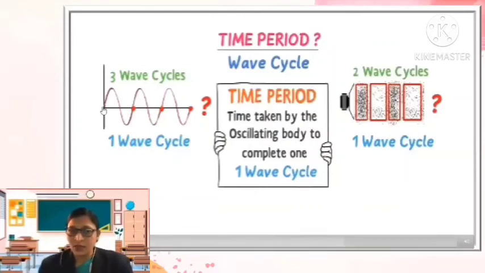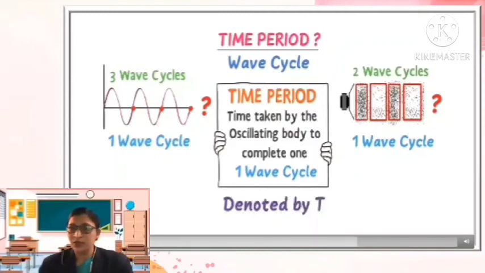How much time is required to make one crest and trough? That is the time period. In this case, the time required for completing one compression and rarefaction, that is one wave cycle, is the time period. Time is denoted by the capital letter T. Its SI unit is second.